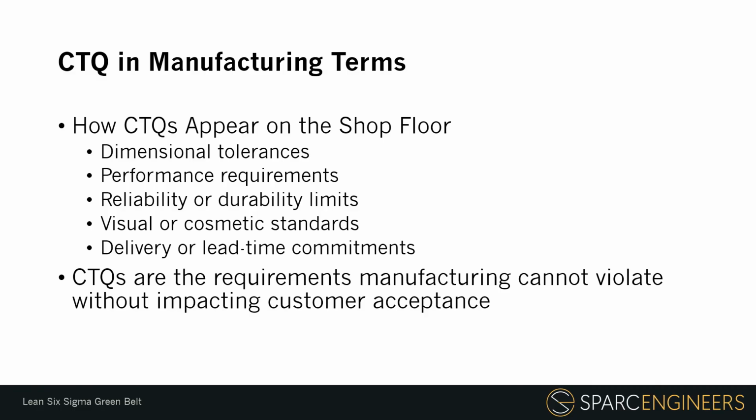A performance CTQ might be a required torque, pressure, speed, or load capacity. A reliability CTQ might define how long the product must last under certain conditions. A visual CTQ might define acceptable paint color, surface finish, scratches, dents, or cosmetic appearance. A delivery CTQ might define required lead time or on-time delivery performance.